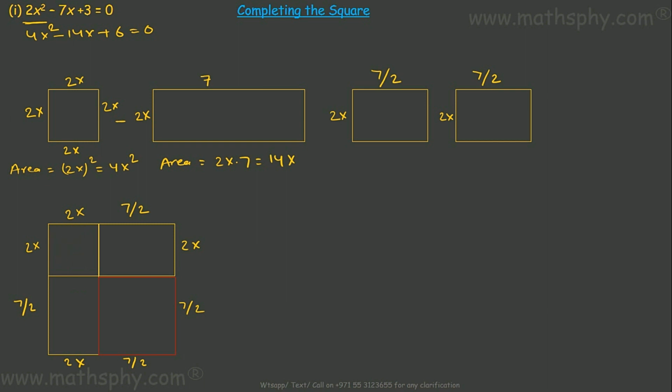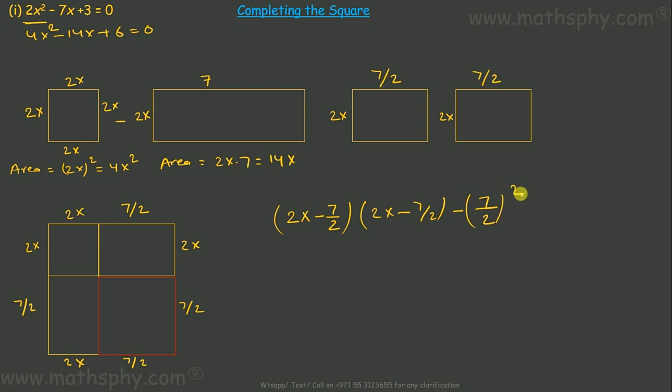So the new area would be 2x minus this length gone, 2x minus this length gone. So from this square, this and this are gone. This is the borrowed piece. Let's take this off also.